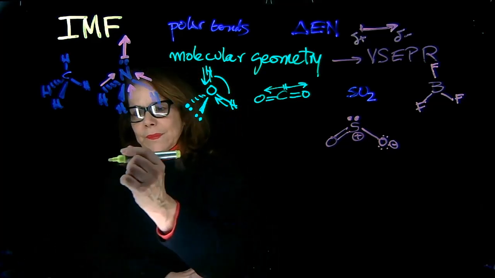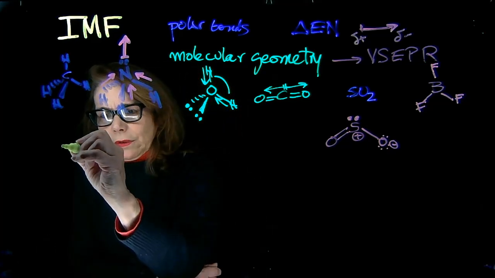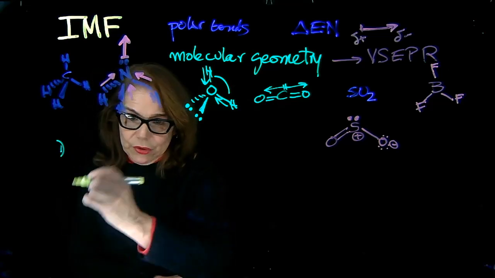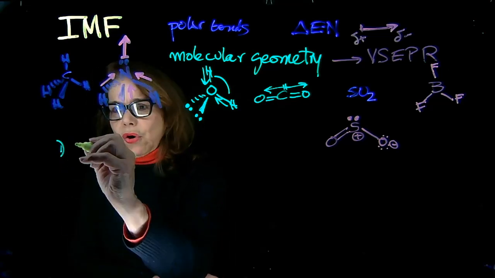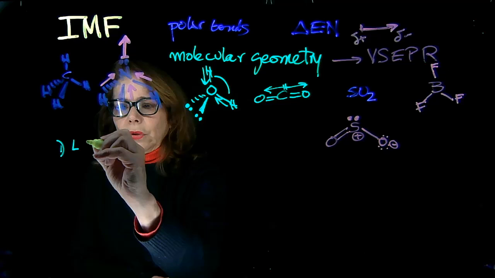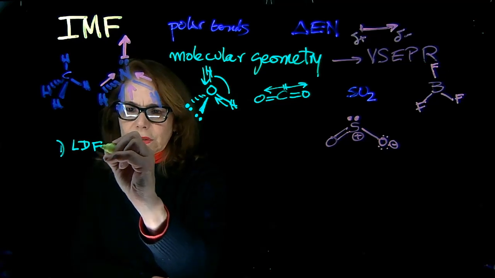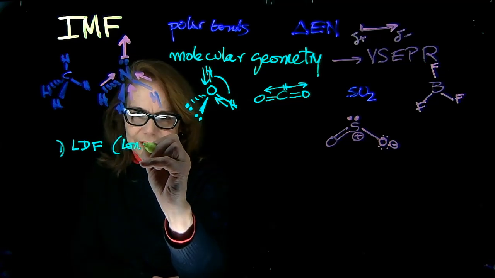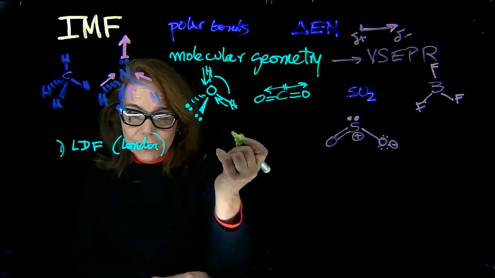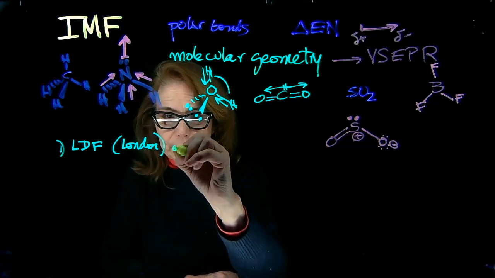So now, the types of intermolecular forces, from weakest to strongest, you're going to have London dispersion forces. So I'm just going to write here the word London. This is also called van der Waals.